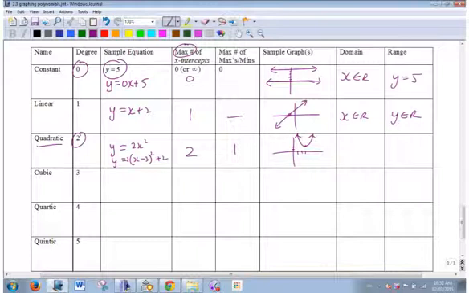If it's a negative parabola, we have a maximum. If it's a positive parabola, we have a minimum. But it's either got one max or min. Domain, all real. y is either greater than or equal to the minimum, or less than or equal to the max. Wherever your vertex is, that's where that is.